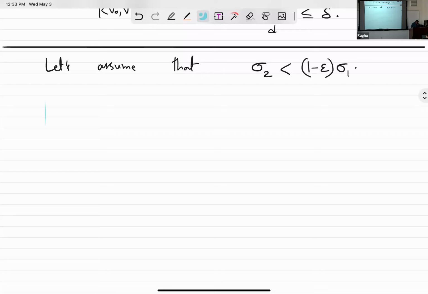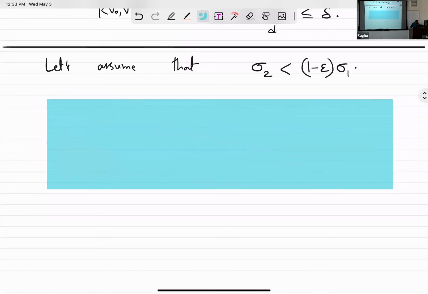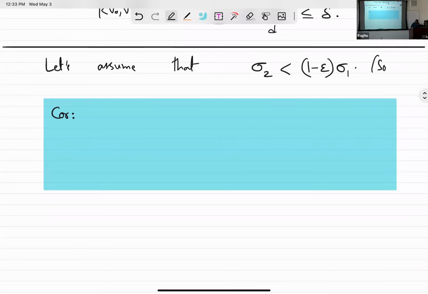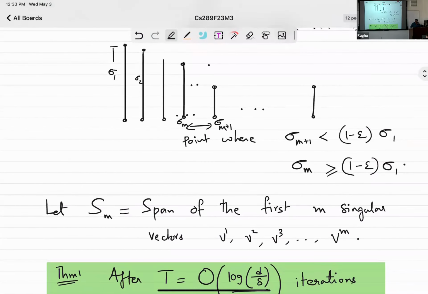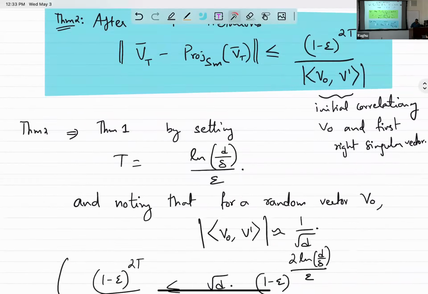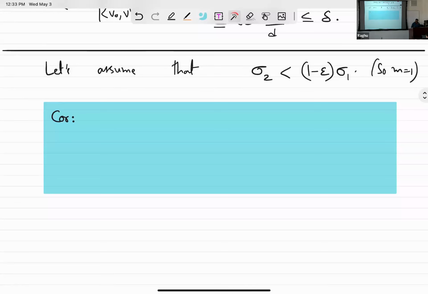So in this case, what should the statement be? m equals 1, right? Because the second one itself is smaller, and the first one is sigma 1, so m equals 1. So we need to show that there's a gap between the first and the second singular values.